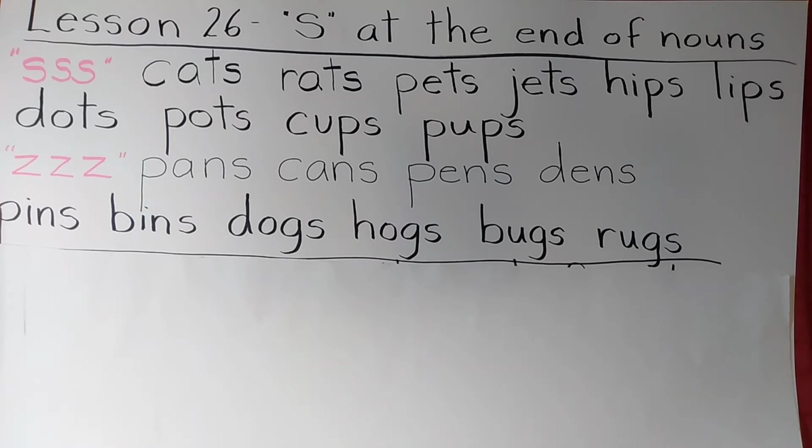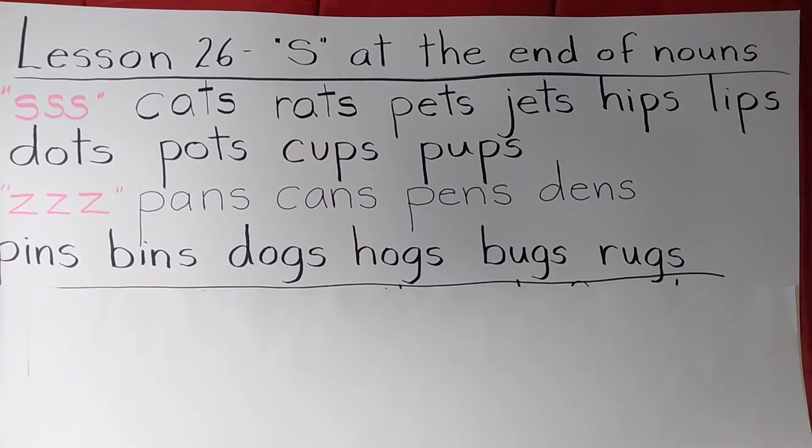Okay, now we get to lesson 26. And as I said, our procedure is going to change. We're not going to be doing some things already. You already know about the not reviewing most of the letter sounds in the alphabet.